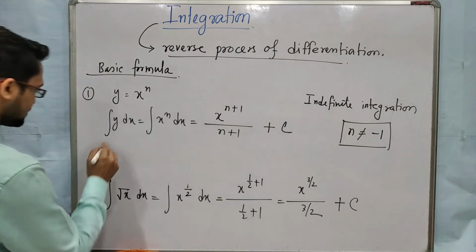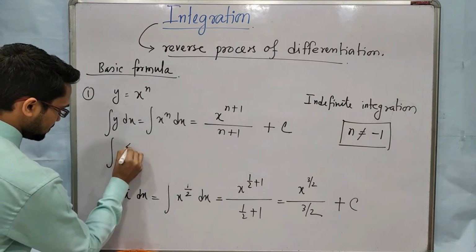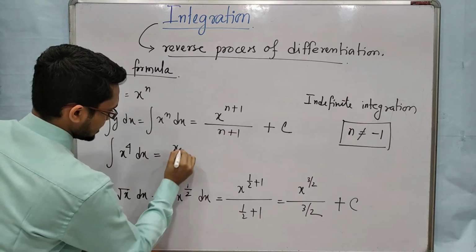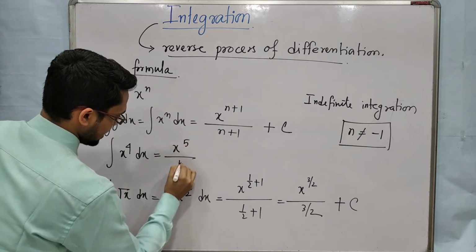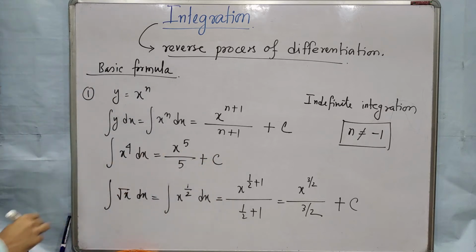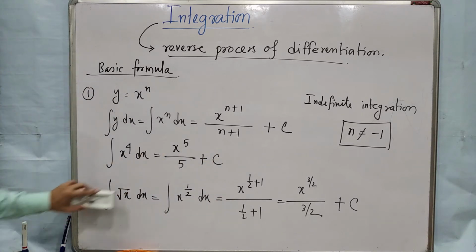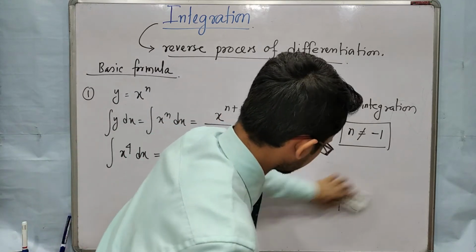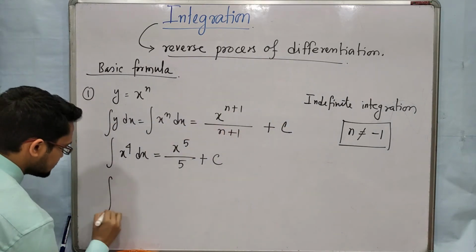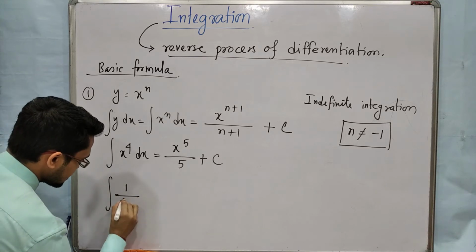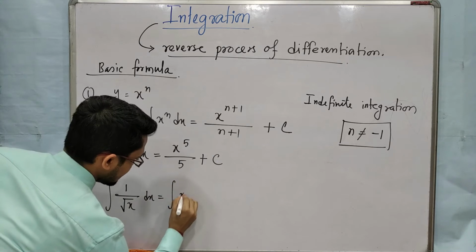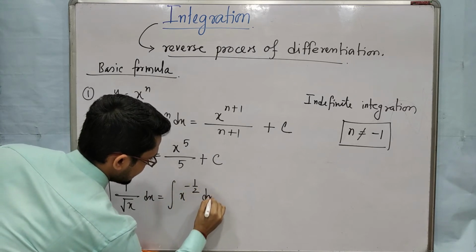Another one, integration x to the power 4 dx means x to the power 4 plus 1, 5, by 5 plus c. Another one, suppose 1 by root x dx. 1 by root x can be written as x to the power minus half dx.